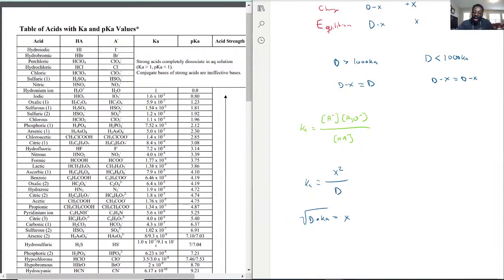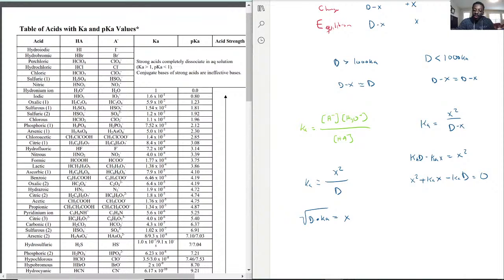Now, if it was less, unfortunately this would call for the quadratic formula. You'd have x squared over D minus x, so that'd be Ka D minus Ka x equal to x squared. So x squared plus Ka x minus Ka D is equal to 0.